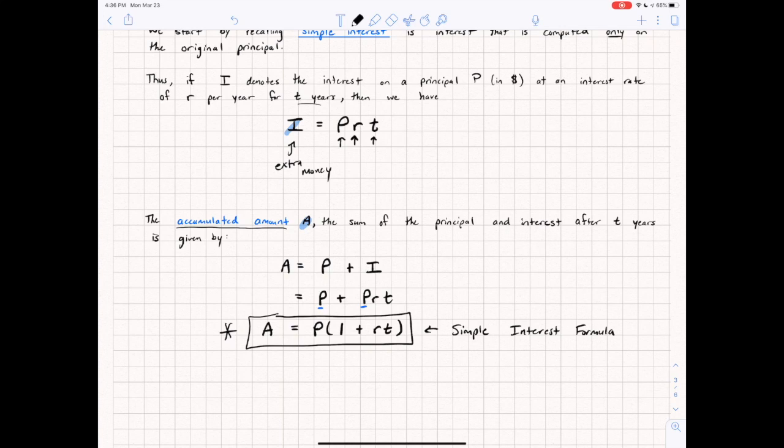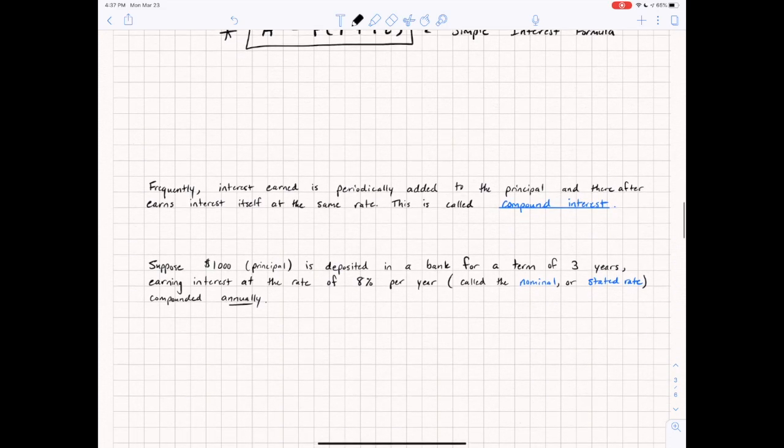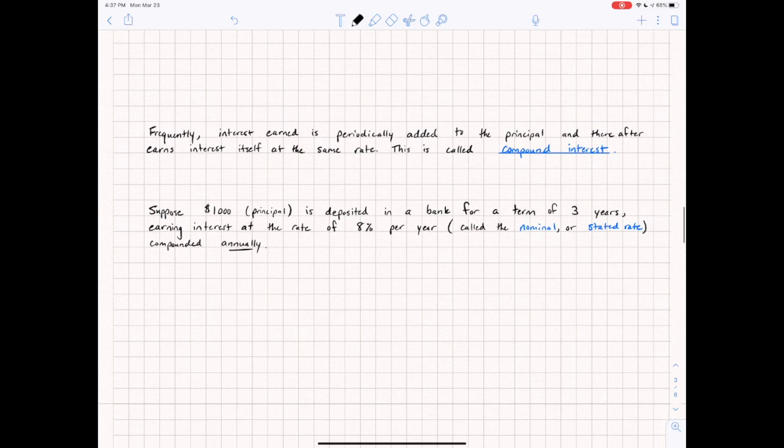Now, frequently, depending on the accounts and things that you're looking at, interest is actually calculated according to what's called compound interest. And compound interest, again, is something that you should be semi-familiar with. And you'll see that essentially defined here in the second line. The idea and why compound interest is so nice is that interest is actually earned periodically, and this interest as it's earned is added to your principal, and then interest is calculated again.